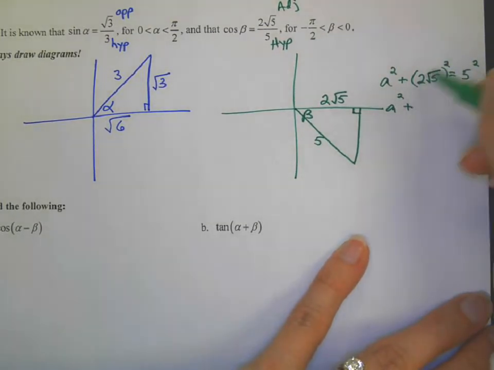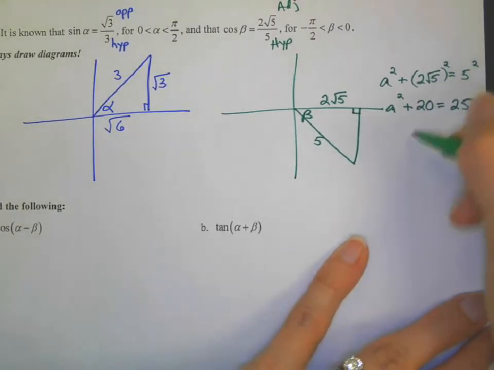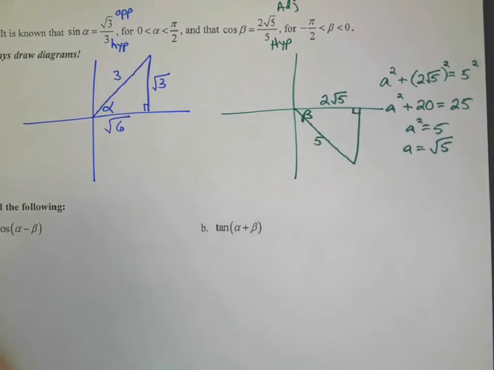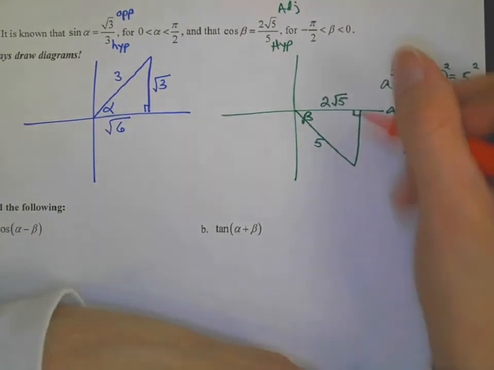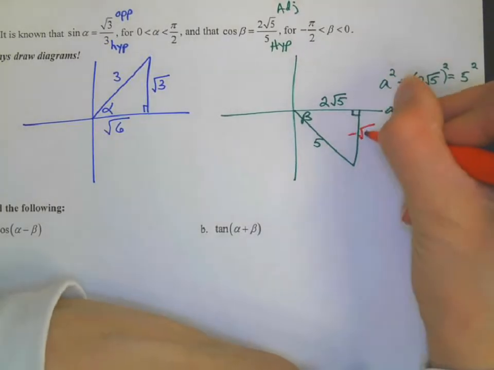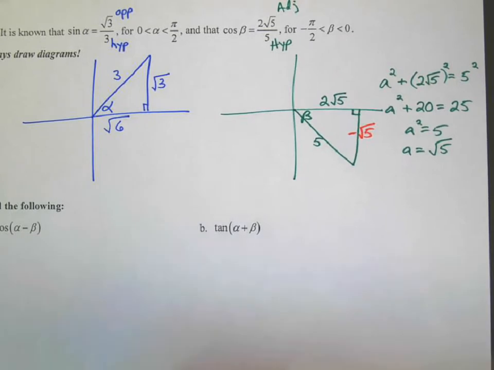So what's 4 times 5? 20 equals 25. A squared is a 5, so A is radical 5. So let's go ahead and label that leg right there. How long is this leg? Did you shout out negative radical 5? Okay, don't forget, if it goes down or left, you have to put the negative on.